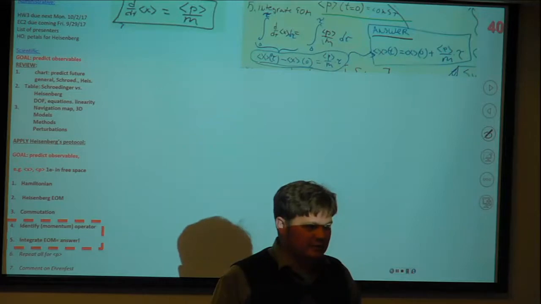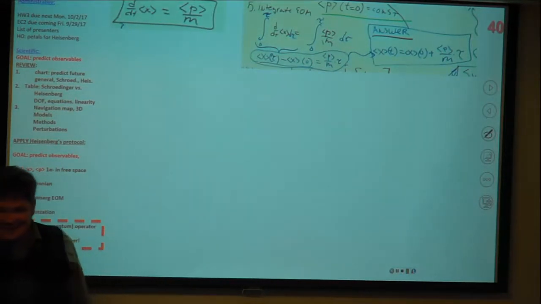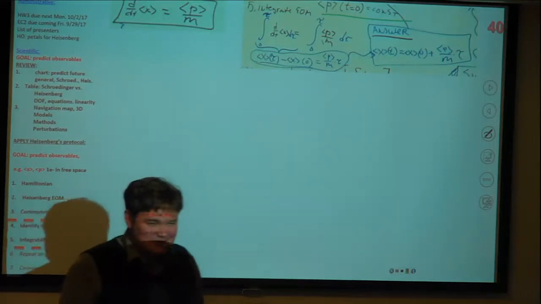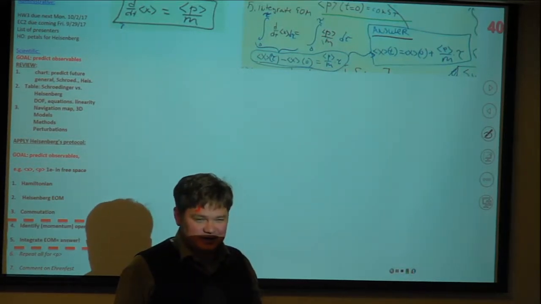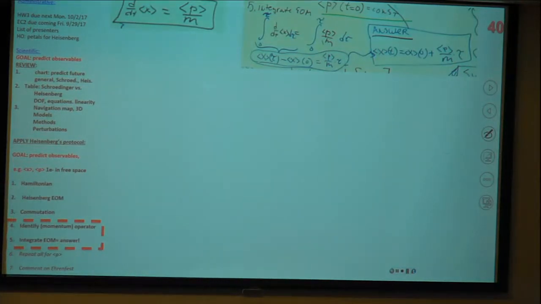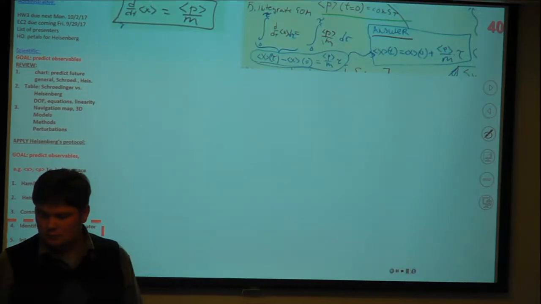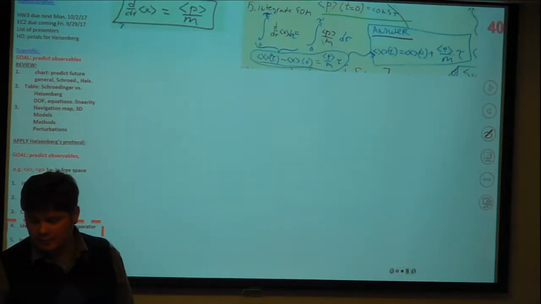We solve them. How do you solve simple differential equations with no functions involved? We integrate, right?